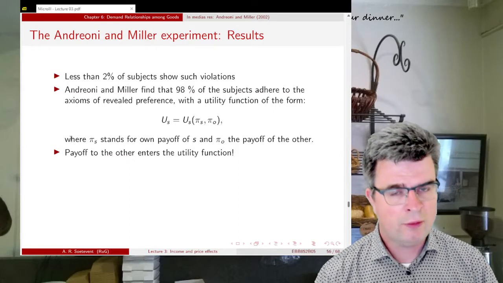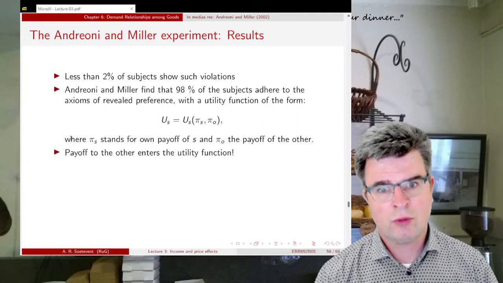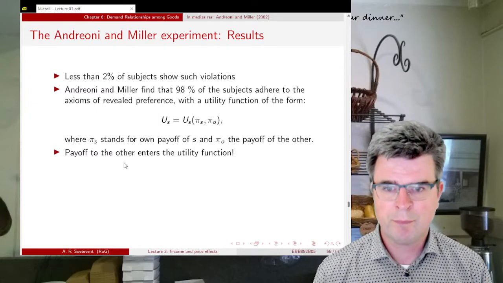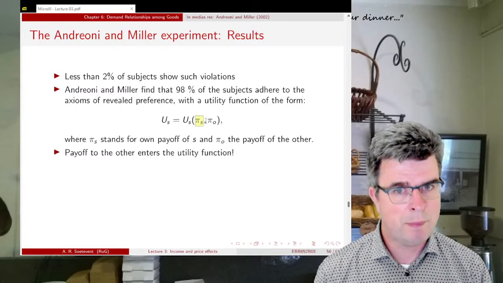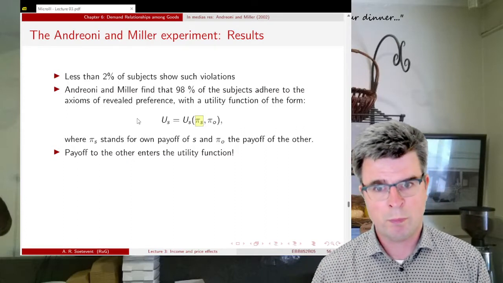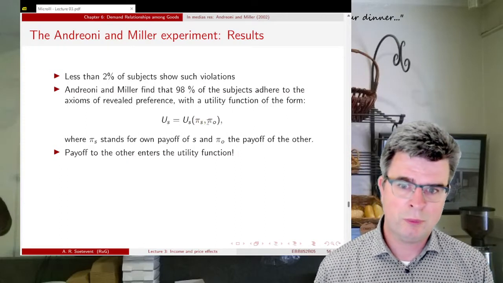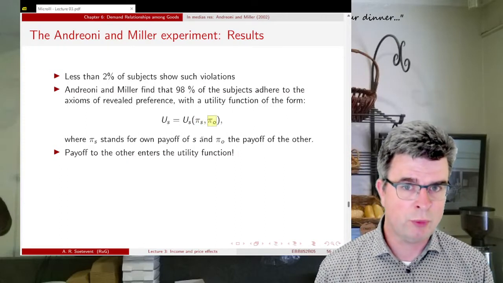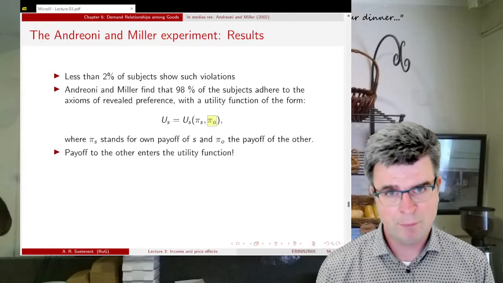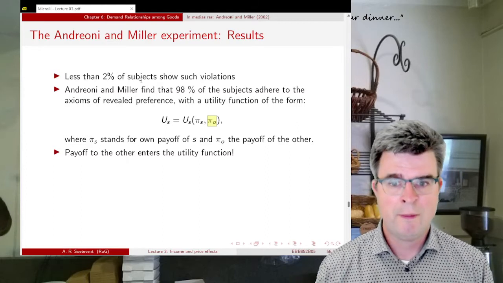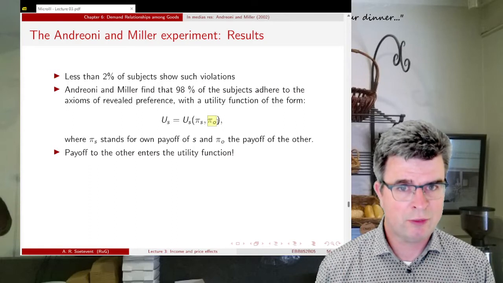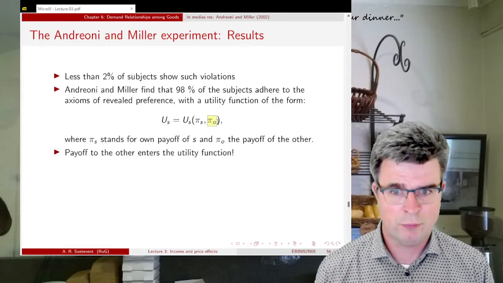They find that 98% of the subjects adhere to the axioms of revealed preference, and they have some utility function where the utility depends on the payoff that you receive yourself, and you care about your own payoff, but you're also altruistic because the payoff to the other person, that you don't know because it's an anonymous other player in the lab who you do not meet afterwards, but still your utility depends to some extent on the payoff that the other player receives.